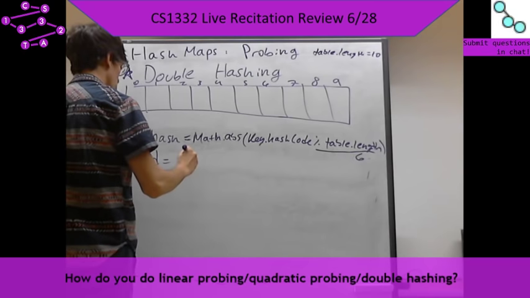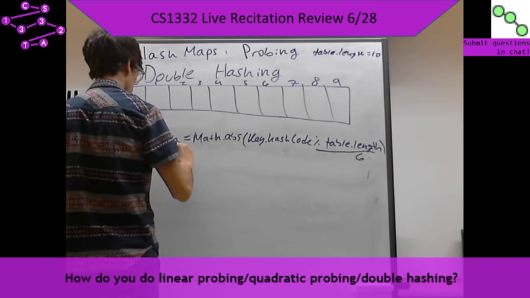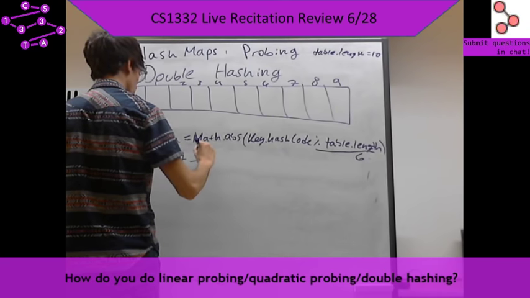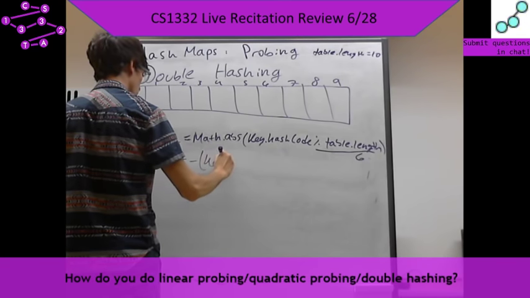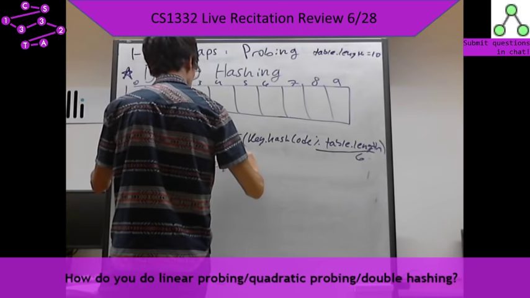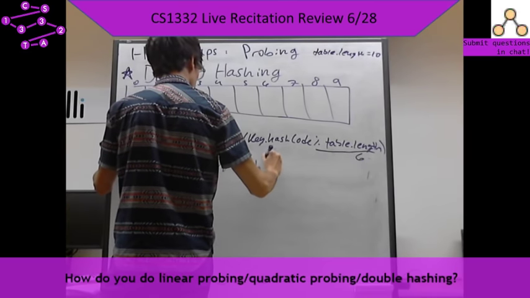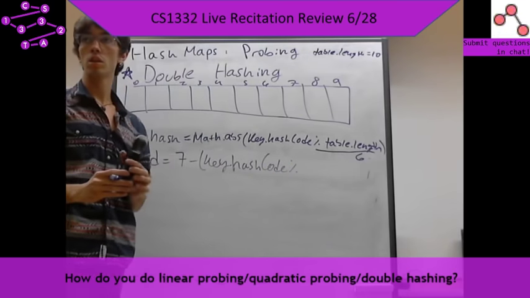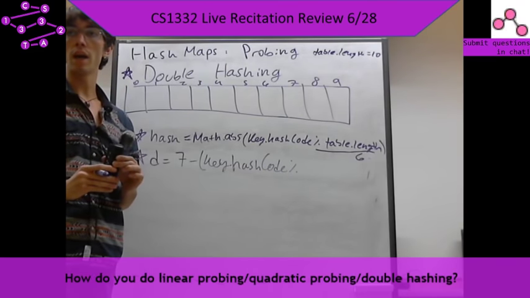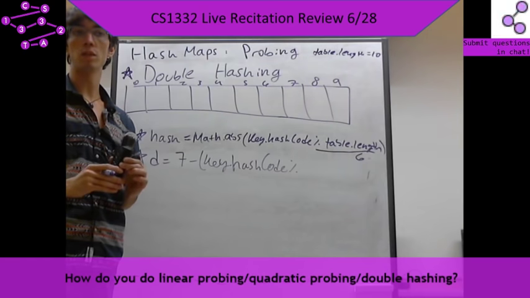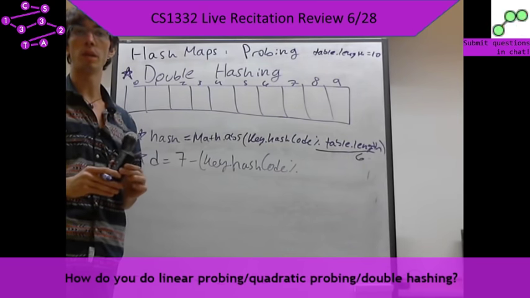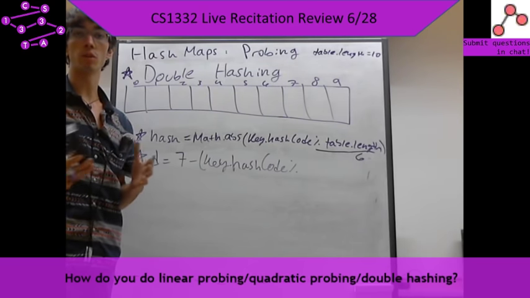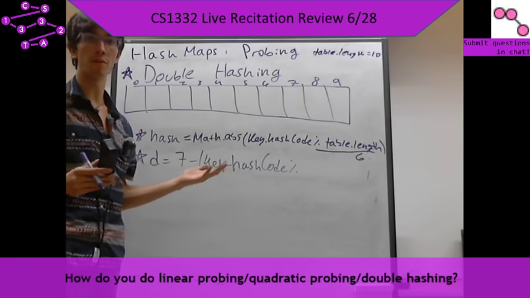But double hashing and quadratic probing can both run into that infinite probing situation, where linear probing can never have something like that. So you might have to do more resizes with quadratic probing and double hashing, whereas you wouldn't with linear probing. Linear probing will not necessitate you to resize when you probe table.length times, but you still can run into a problem due to having removed flags, right?